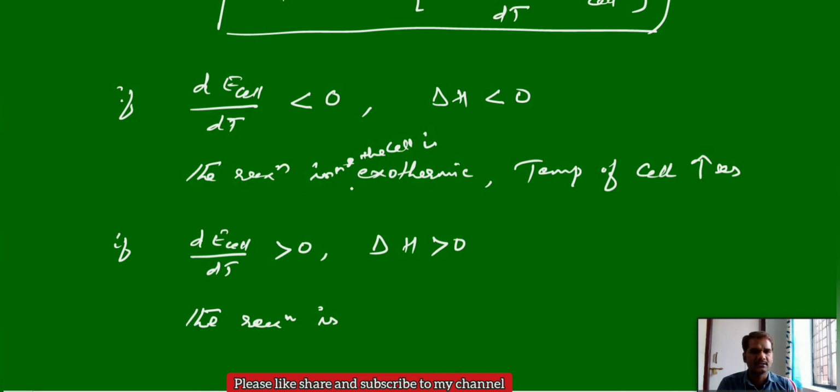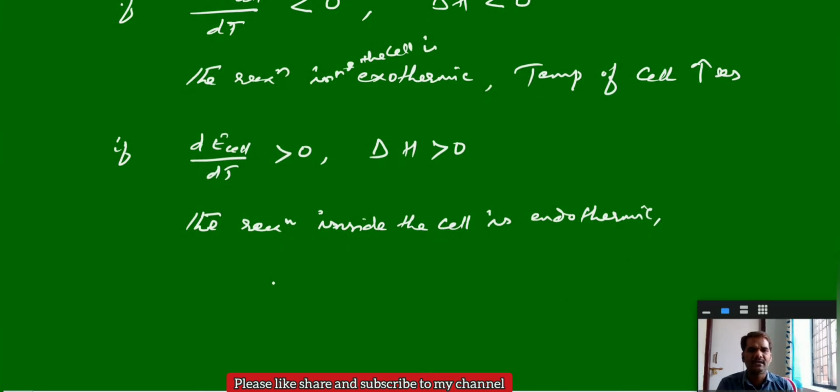In the earlier case, the reaction inside the cell is exothermic, so temperature of the cell increases. Here, the reaction inside the cell is endothermic. Endothermic means heat is absorbed by the system, then ultimately temperature will decrease. So temperature of the cell will decrease.